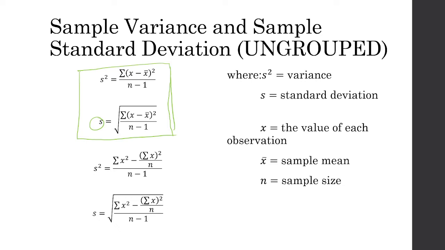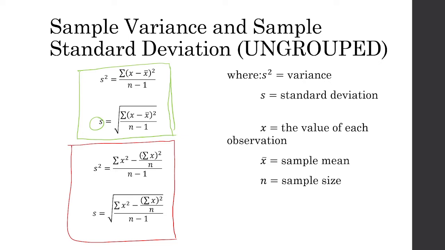So, para naman dito sa isang set ng formula, as you can see here, we don't have our mean. So, meaning to say, if you don't really need to compute for the mean, you can use this formula wherein you just need to get the summation of all the squares of your observations.